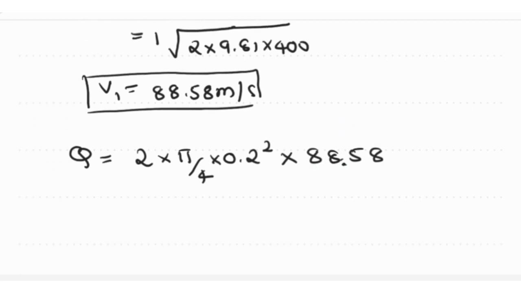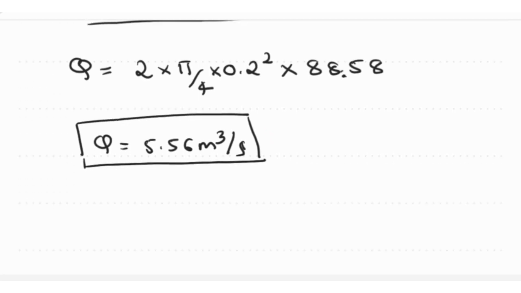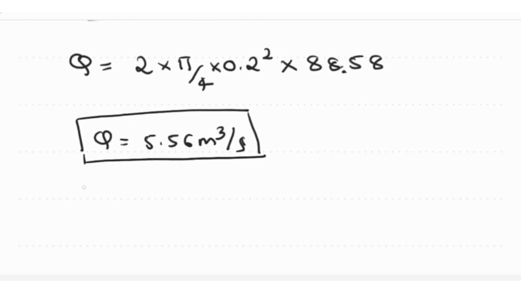You should solve it, you'll get discharge equal to 5.56 meter cube per second. Now we can calculate water power very easily.